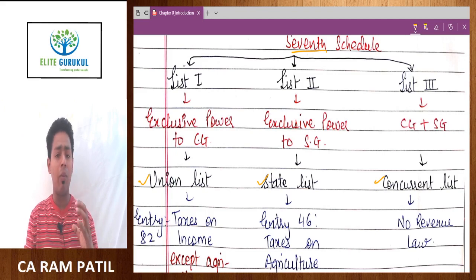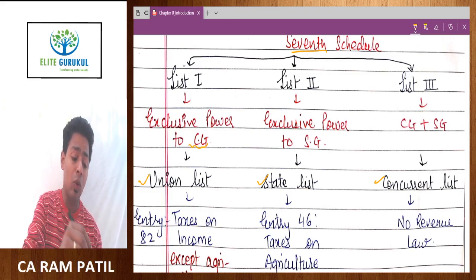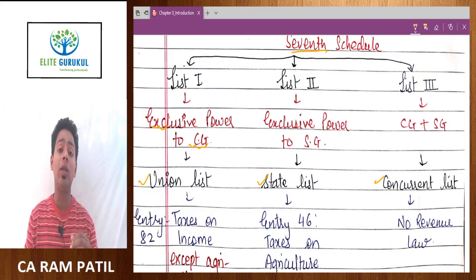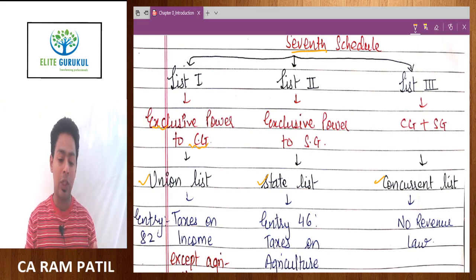There are more than 100 matters written in list 1, the union list. That list gives exclusive power, I hope you understand this word, exclusive power to the central government. That means no state government can interfere if the laws are made by the central government. It gives exclusive power to the central government to enact law on certain matters mentioned under list 1.